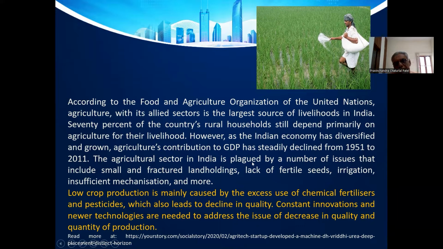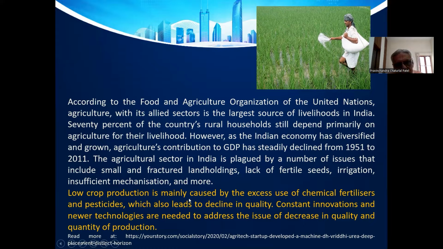The agriculture sector in India is plagued by a number of issues that include small and fractional landholding. Means in India, you know that more than 70% of farmers are small and marginal farmers, and they have less landholding. Lack of fertile seeds, irrigation, insufficient mechanization, and more.